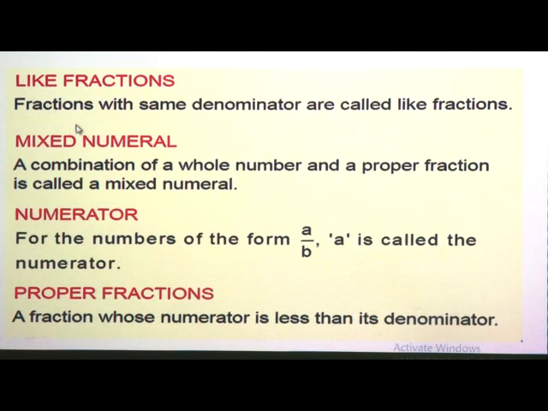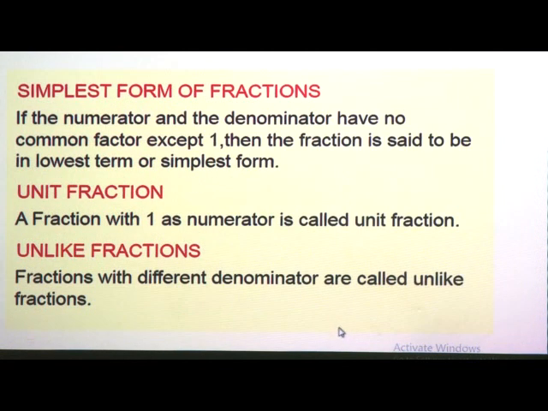Like fractions. Fractions with same denominator are called like fractions. Mixed numerals. A combination of a whole number and a proper fraction is called mixed numerals. Numerator. For the numbers of the form a by b, a is called the numerator. Proper fraction. A fraction whose numerator is less than its denominator.